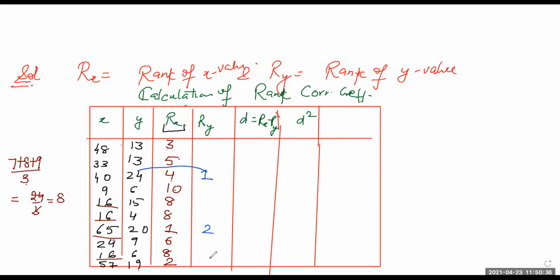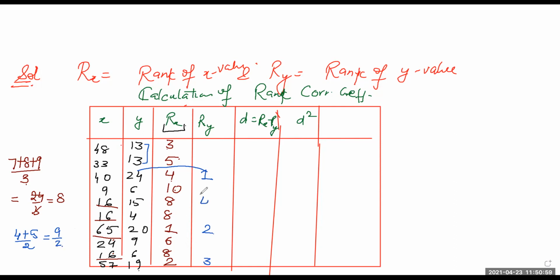Then 19 has rank number 3. Then the value 13 and 13 occupy positions 4 and 5. So 3 tak over hai, 4 + 5 divided by 2, that is 9/2, so 4.5.